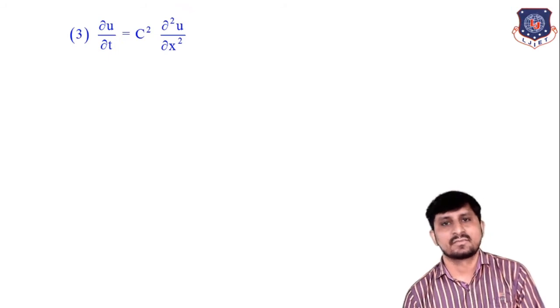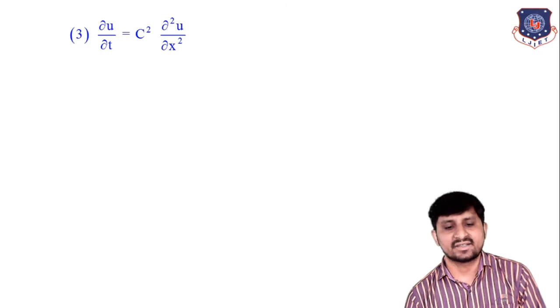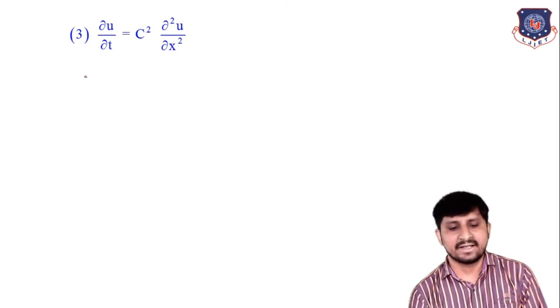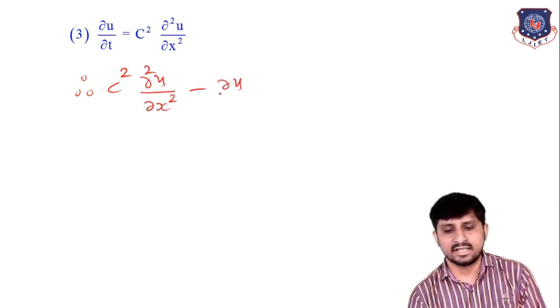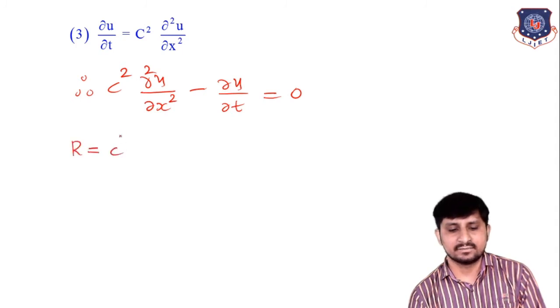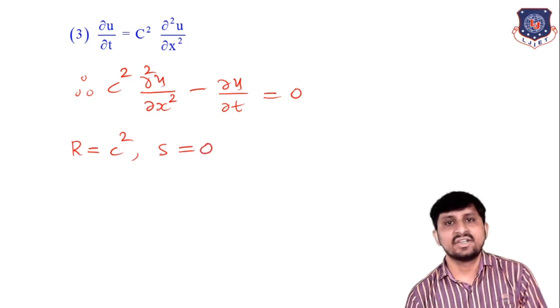Now, del u by del t is equal to c square del square u by del x square. So here just write down this equation in this form: c square del square u by del x square minus del u by del t is equal to 0. So clearly you can understand that r is equal to c square, s is 0. S means what? Coefficient of del square u by del x del t.